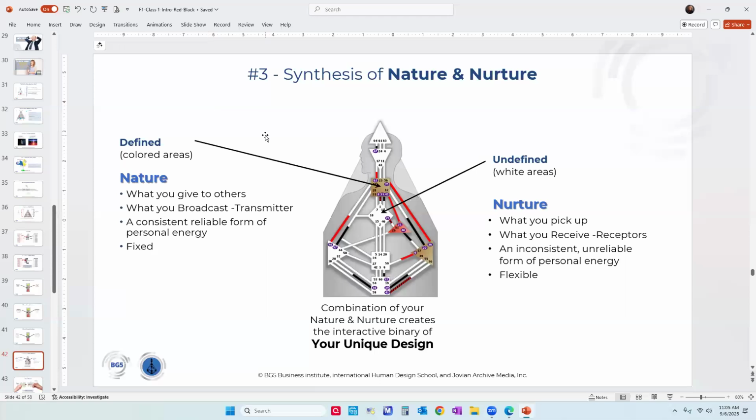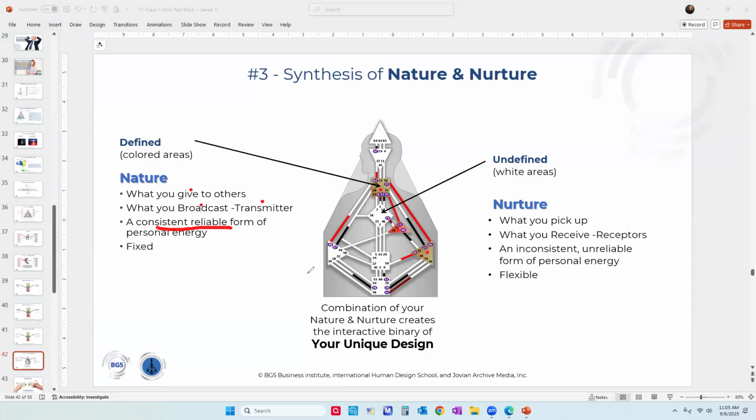Now, when we talk about the synthesis of nature versus nurture, when we use this language, the nature side of us is what's defined in us, what we consistently broadcast and give to others, what we transmit out to the world.